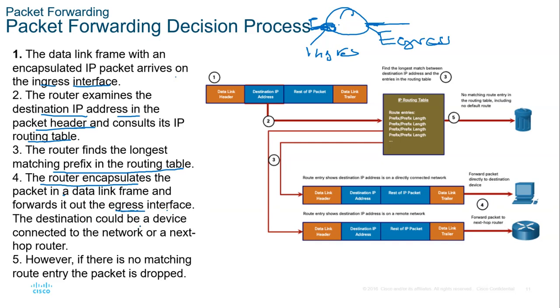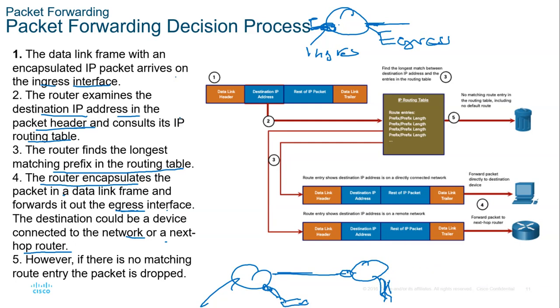Now it's time to exit the router interface. The destination could be a device connected to the network, or a next hop router. The destination could be on this port here, or the destination is the next hop on this other router, and then that router does the same process to determine the destination.